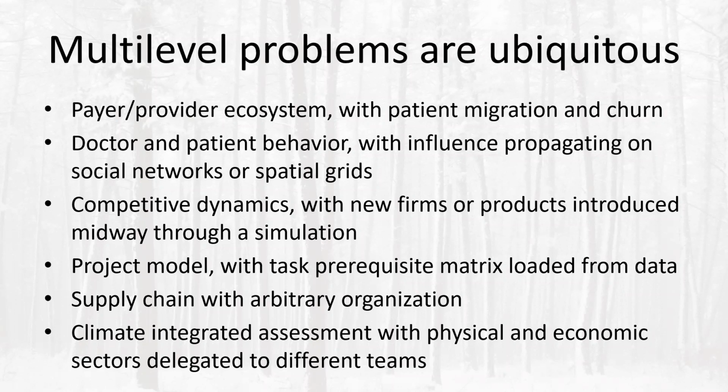In other contexts, it's very natural for project modeling. It's very natural for supply chains where, you know, the beer game is literally just a single chain, but real world supply networks typically have networks of manufacturers and wholesalers and distributors and retailers with much more complex relationships among them.